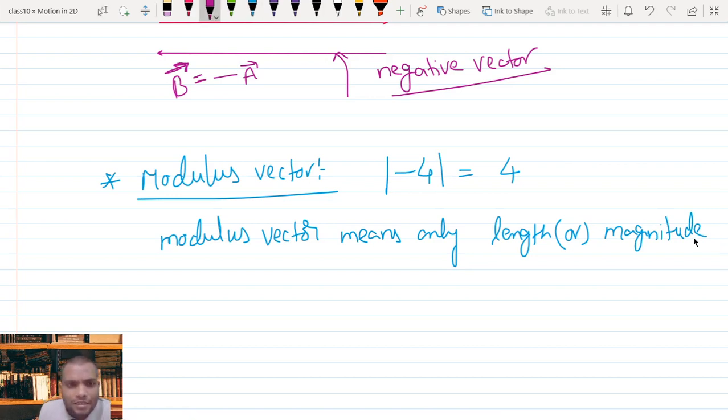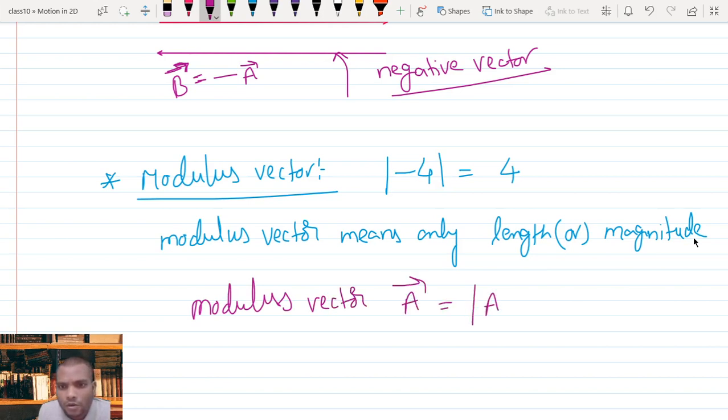So modulus of vector a bar, we can represent with the modulus symbol, modulus of a bar, which equals a itself. Here we don't put direction after taking modulus, because modulus changes the direction of a vector if it is a negative vector.